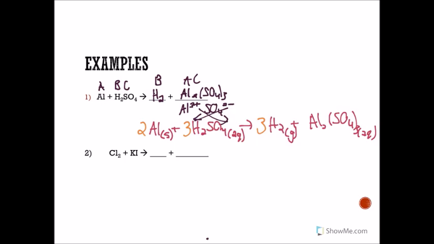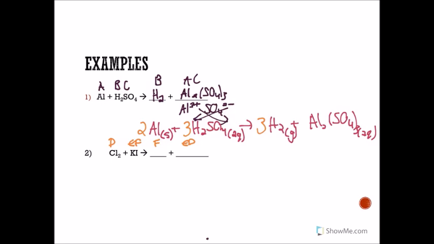And if we take a look, chlorine is an anion. It's our negative ion. So in this case, we are going to be getting D plus EF, and F comes out, and E and D go together.